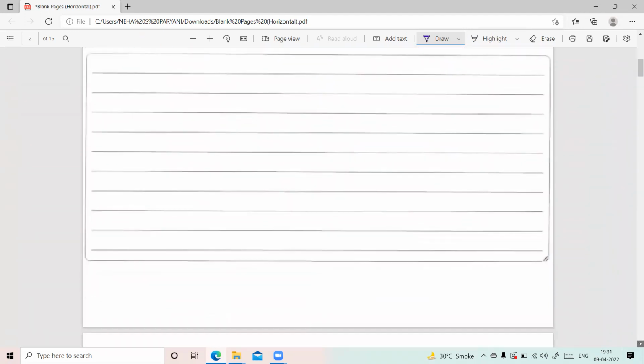Basically we know that there are five heads of income. The first head of income is income from salary. The second head of income is income from house property. The third head of income is income from business or profession.